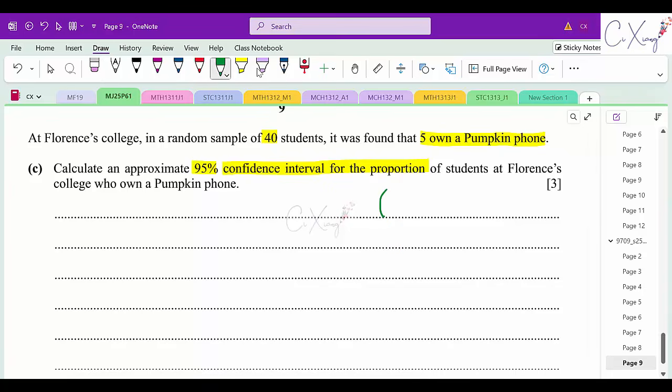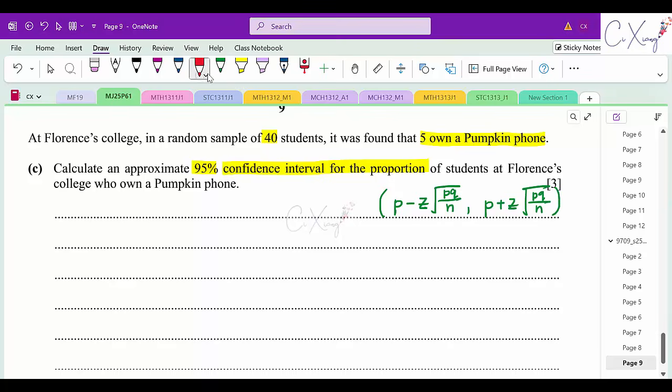So it should be P minus Z square root of PQ over N, where P is the success rate, or the people who own a pumpkin phone, and Q is the people who don't own a pumpkin phone. Then P plus Z square root of PQ over N.